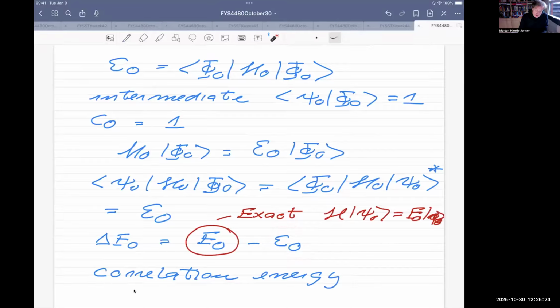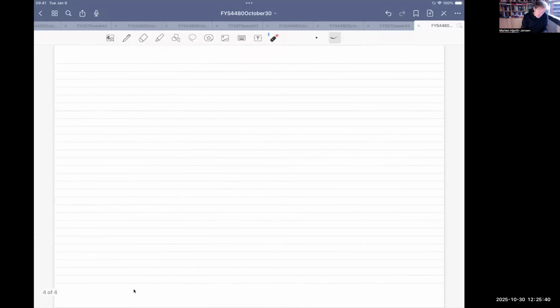So let me very quickly remind you of that before we move on. If we now look at the full configuration interaction theory, which we have been discussing previously, then the energy of the system is given by the correlation energy, and we are going to put FCI here to distinguish these two quantities.